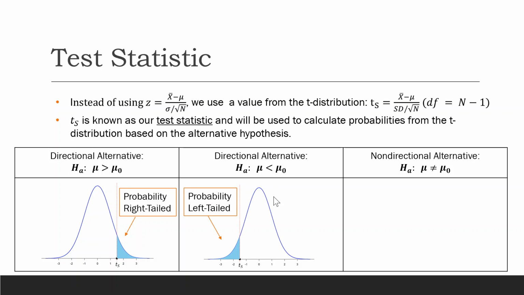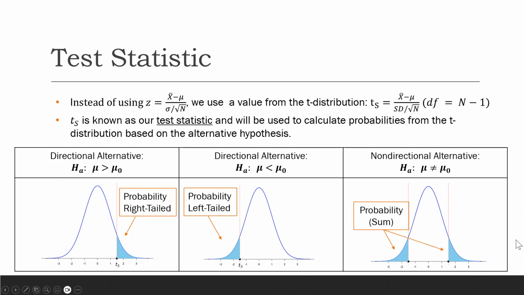So I'm going to find my test statistic and I'm going to get all of the values that are greater than that test statistic on one tail. And then I'm going to find the opposite of that, or the negative of that test statistic, and I'm going to get all the values that are less than that. And then my probability is going to be the sum of those areas on both tails of that distribution. And so the probability is the sum. And since we're using both tails of that distribution, it's called a two-tailed test.